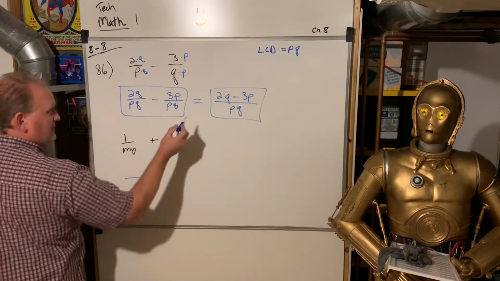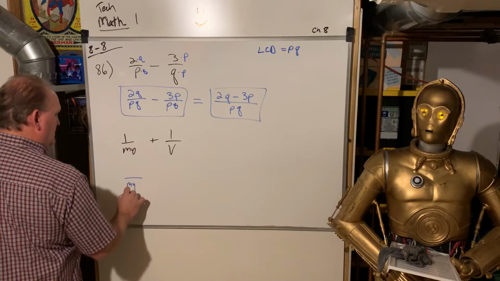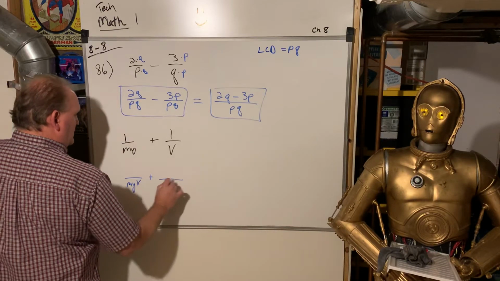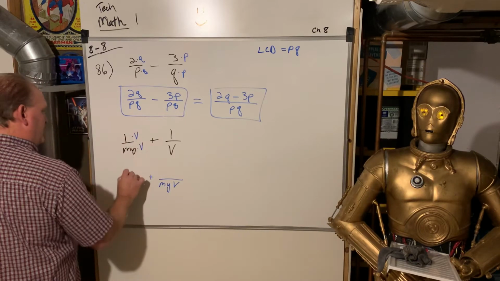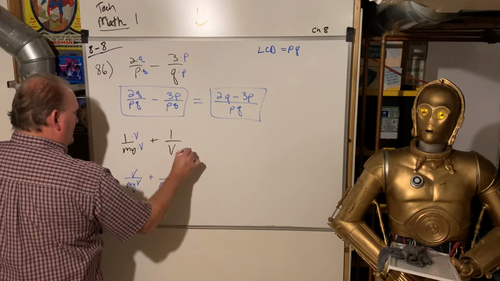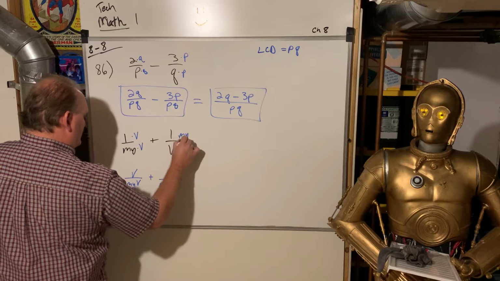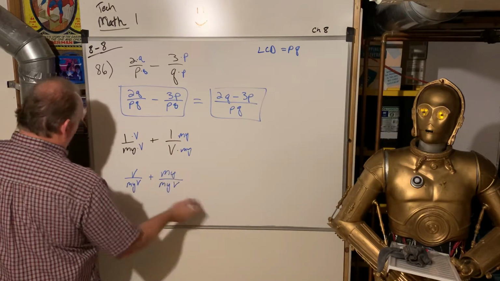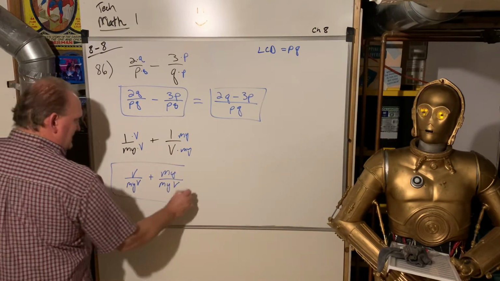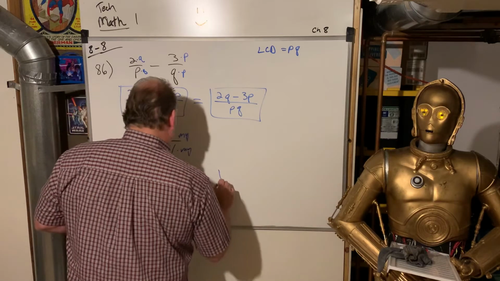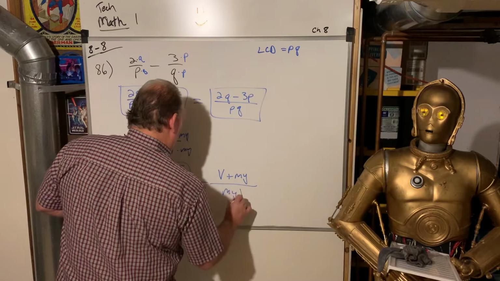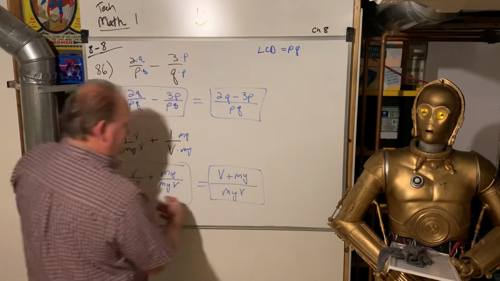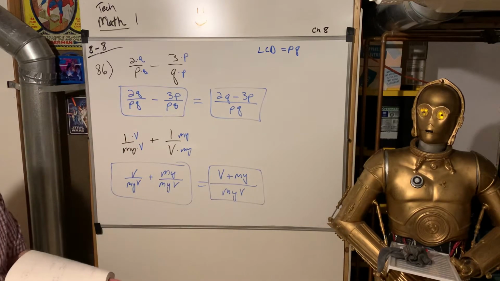So again, the LCD is mvt. So this one needs a v multiplied top and bottom. That one needs an m multiplied top and bottom. And again, we won't be able to do anything with it. That is it. You can write it like this, but it really doesn't change much.